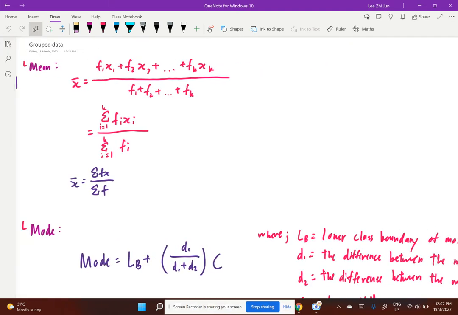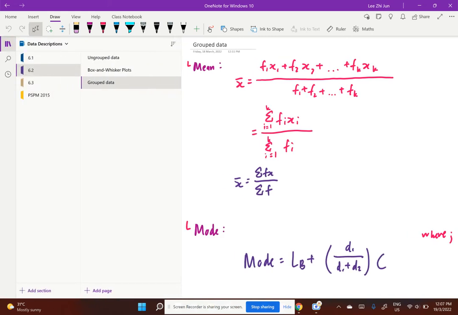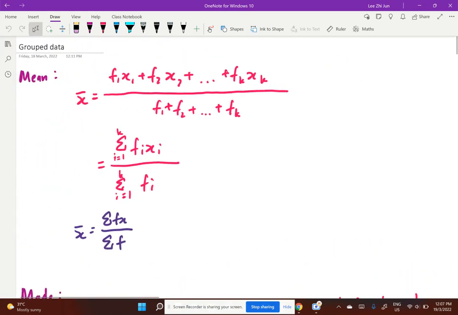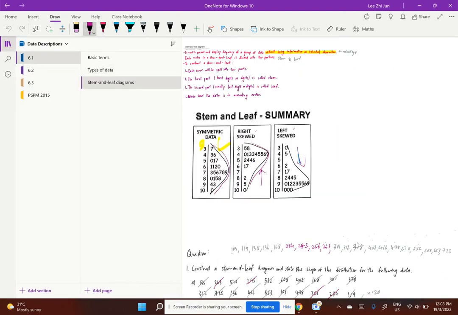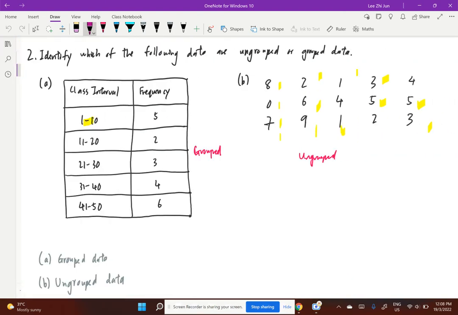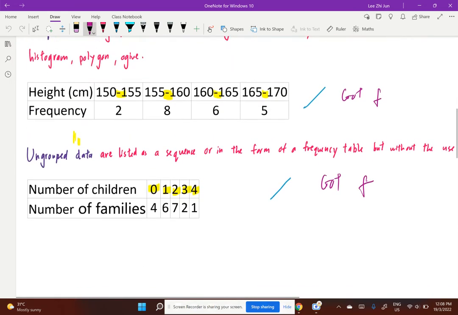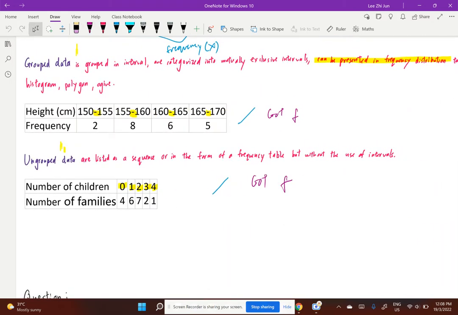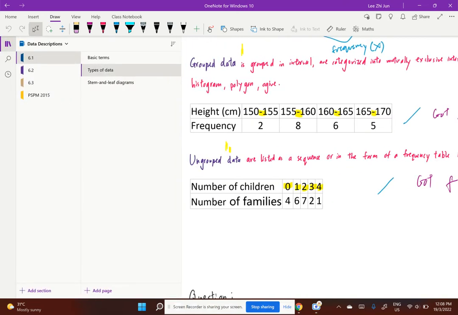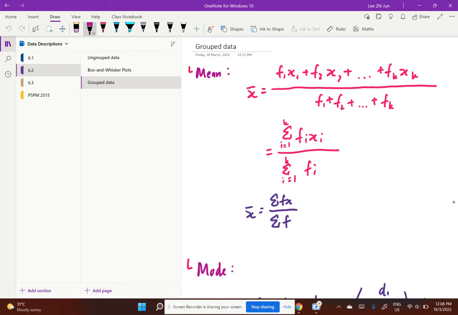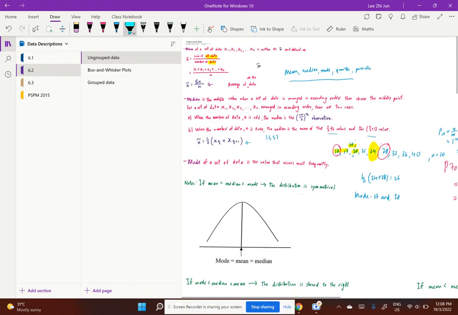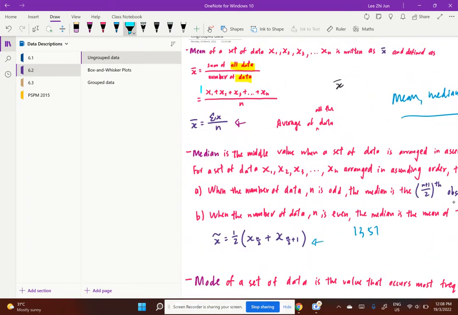Ungrouped data does not have a range, while grouped data has a range. So for grouped data, you need to add on the frequency, while ungrouped data does not need it. Here does not have frequency.